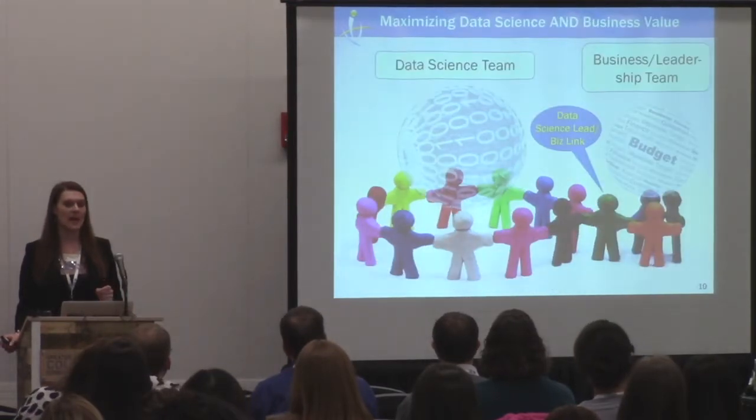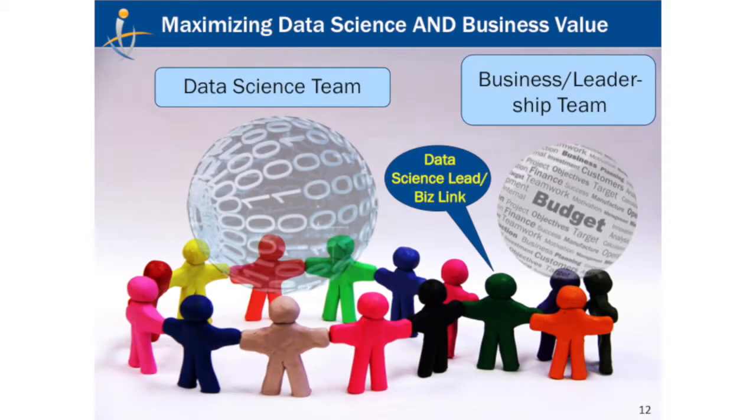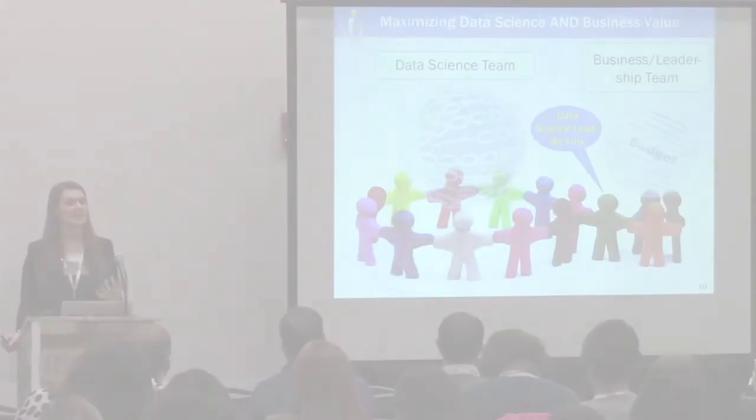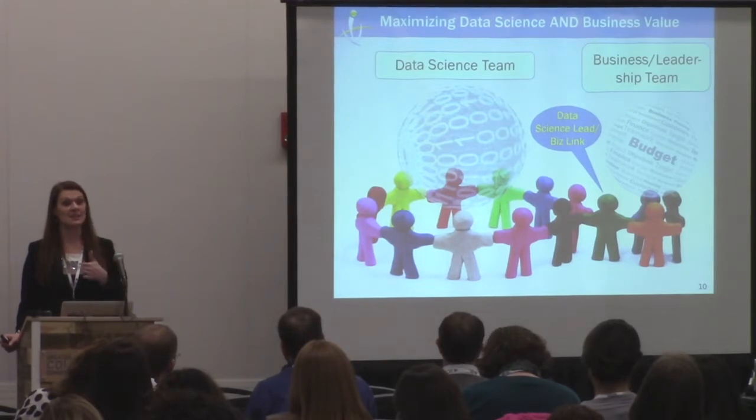You also have to have the connection to the business side, the leadership side of your company. Because a lot of data science is discovery and research, but it has to bring value to your company. And so you need a data science leader who understands the business aspects of what your team is doing as well as the technical aspects.